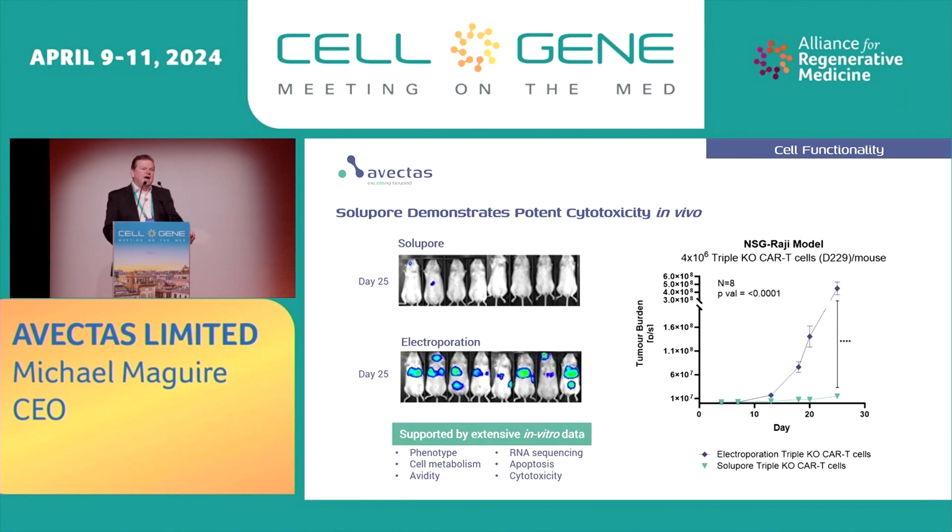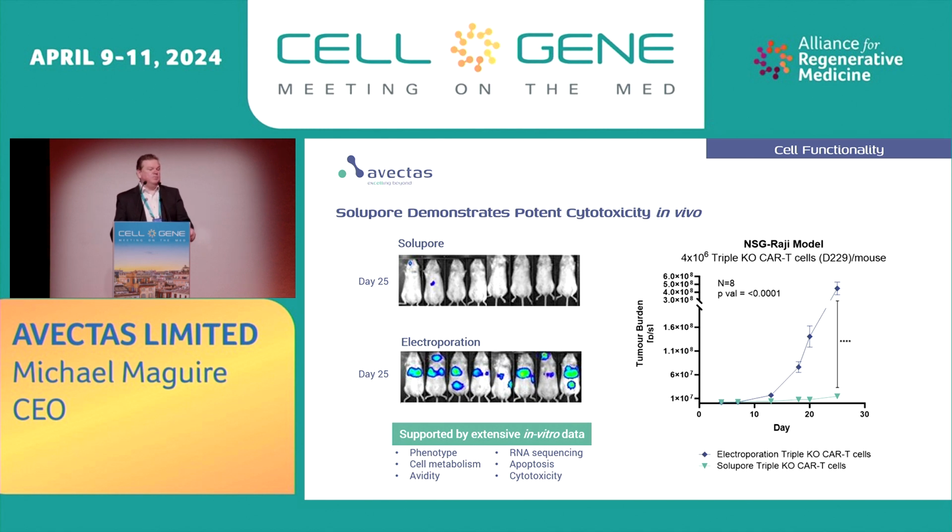So on the back of that in vitro work, we then did a study at Jackson Labs at the end of last year and the beginning of this year, where we introduced that complex CAR T product into a population of mice. And you see on the left-hand side here, the only difference in the two populations is how those triple edits are introduced that I spoke to in the previous slides.